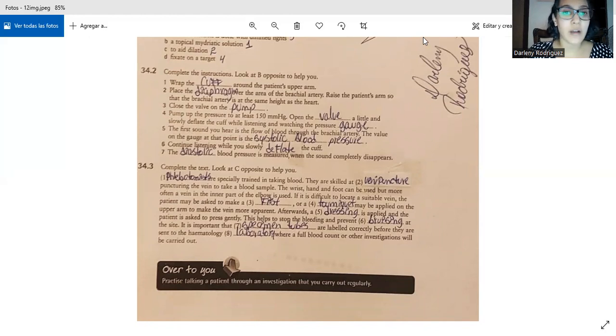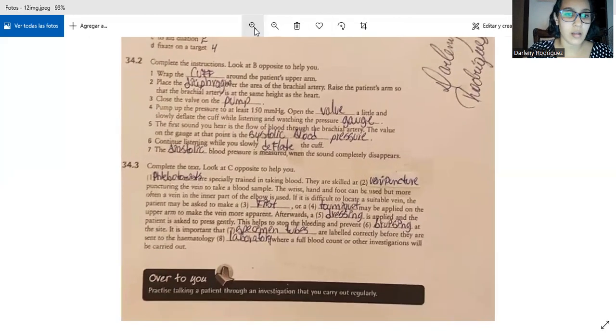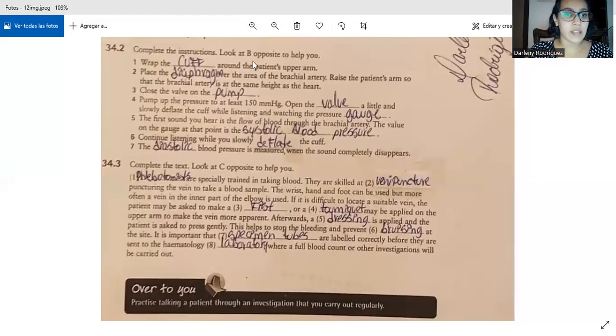Number 1. Wrap the cuff around the patient's upper arm. Number 2, place the diaphragm over the area of the brachial artery. Raise the patient's arm so that the brachial artery is at the same height as the heart.